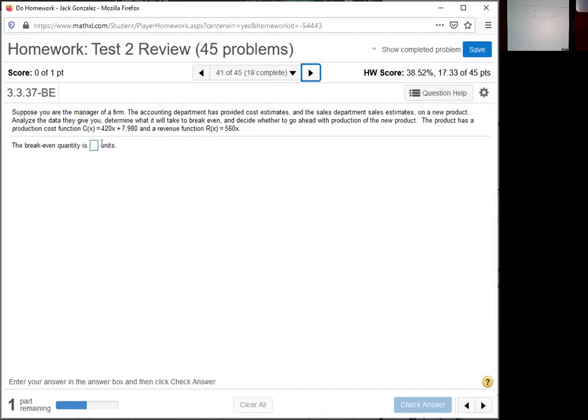41. Let's go ahead and do that one. Let's break even. A bunch of words in there that I don't really care about. All I need to know is when does this happen, right? They gave me a cost function, they gave me a revenue function, so let's go ahead and use it.